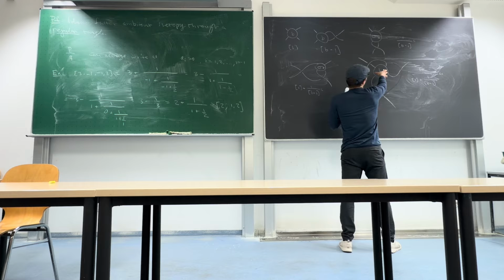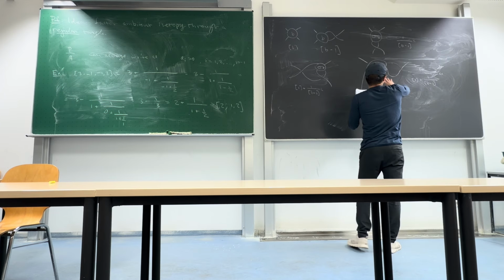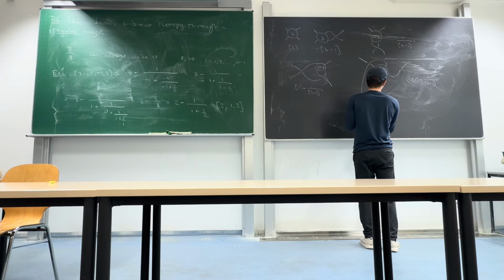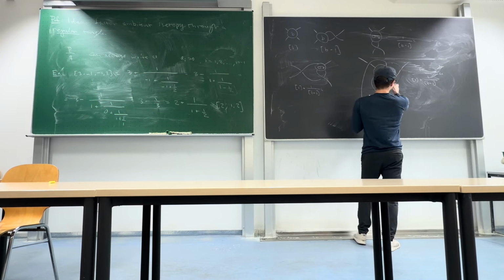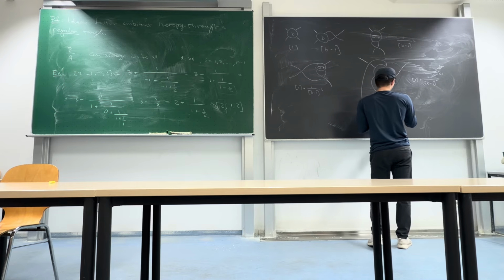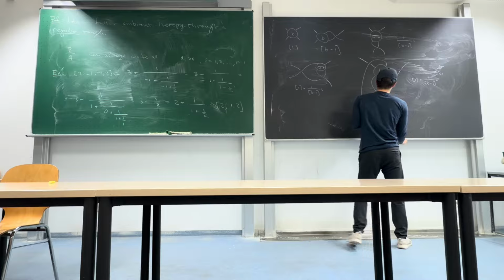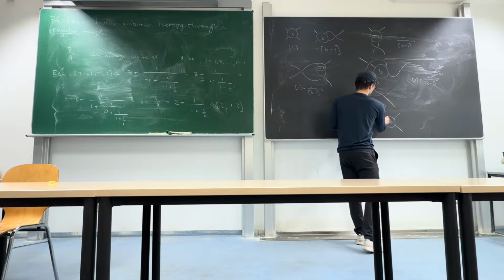And now we rotate this. So B will be rotated like this. Now these strands will have been resolved, but we'll still get a crossing here.